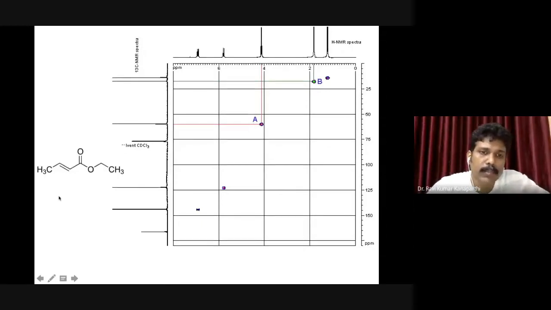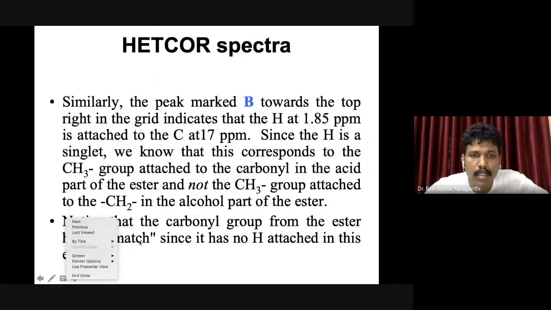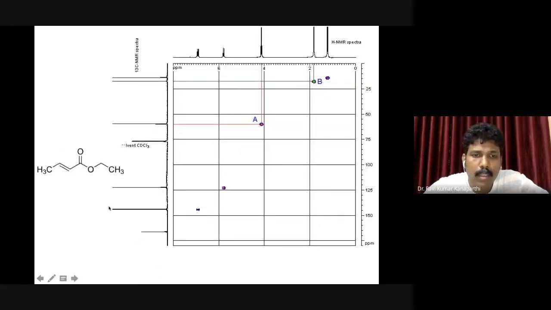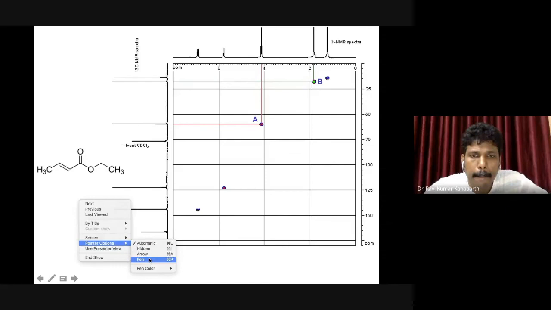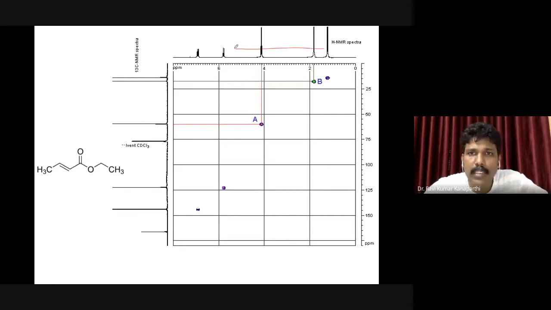This is ethyl 2-butenoate, and you can see the y-axis is the carbon, and the x-axis is the simple proton NMR spectrum of the same compound. You can see here the scale is going from 0 to maybe 170.